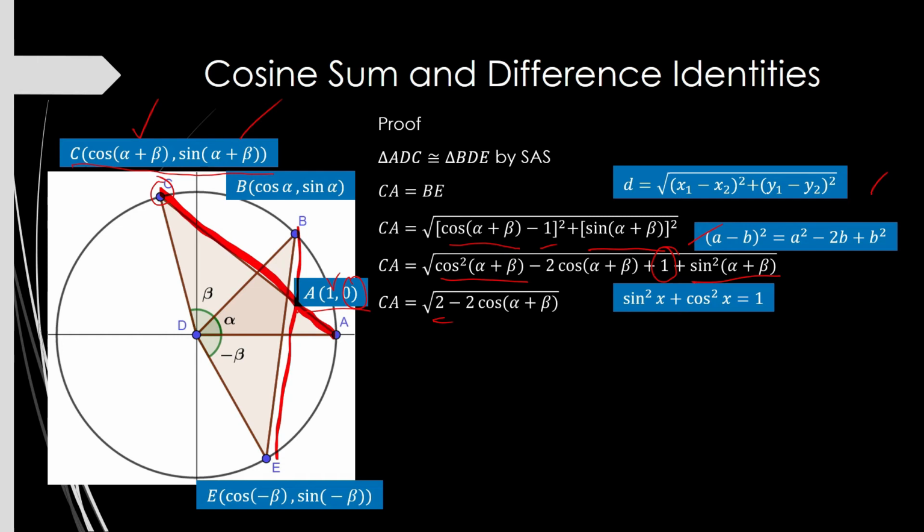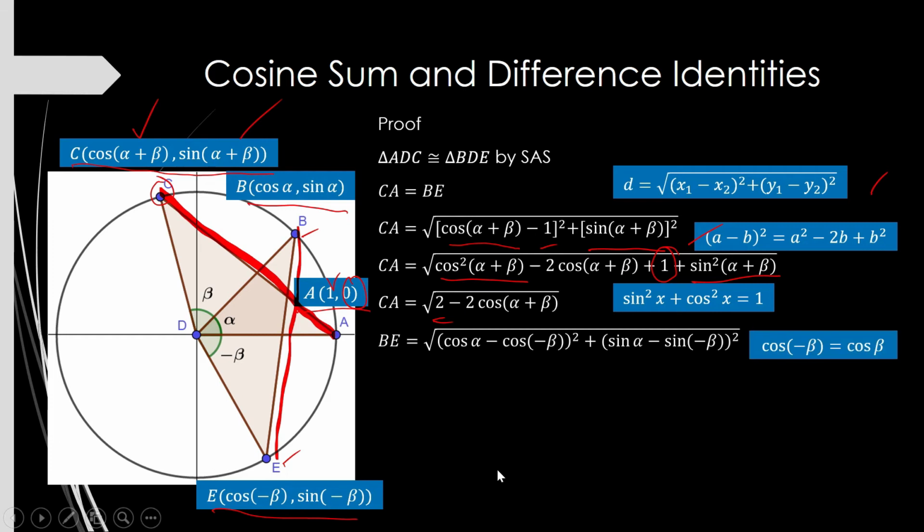Let us now go to side BE. Again, using your distance formula given the coordinates of the endpoints of your line. Let us simplify this. Now pay attention to this. This is an even function, and we have an even identity for that.